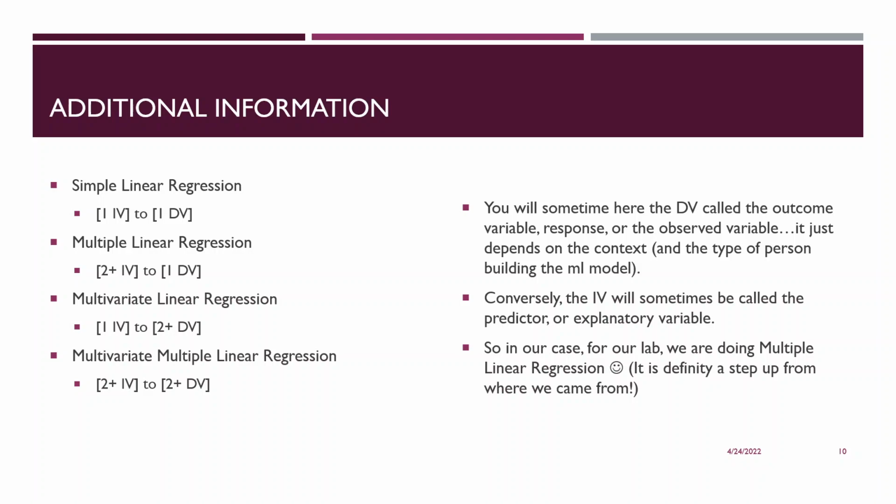But anything past that is fair game, like using multiple linear, or multivariate linear, or multivariate multiple linear. Those are all starting to get into the industrial grade area of linear regression. Still very useful, but you have to be able to process multiple incoming IVs to get to a DV, or a predicted output.